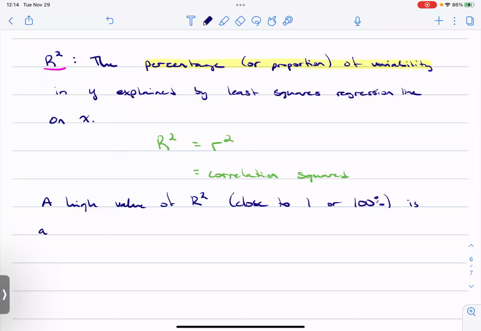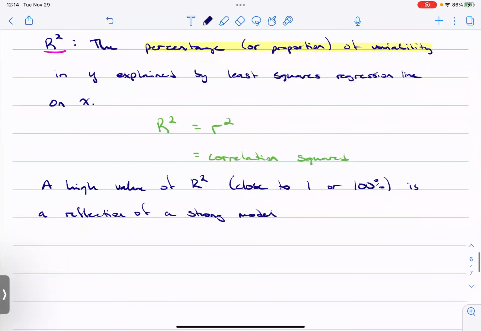If our model is strong, then we can put a little bit more faith in our predictions. So, a reflection of a strong model, which means reliable predictions.